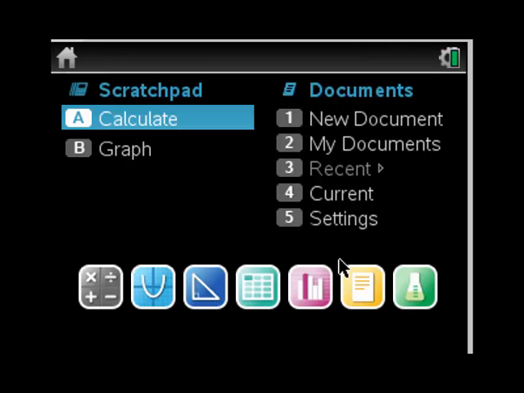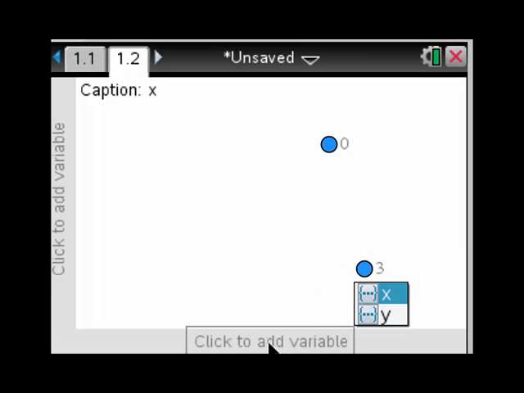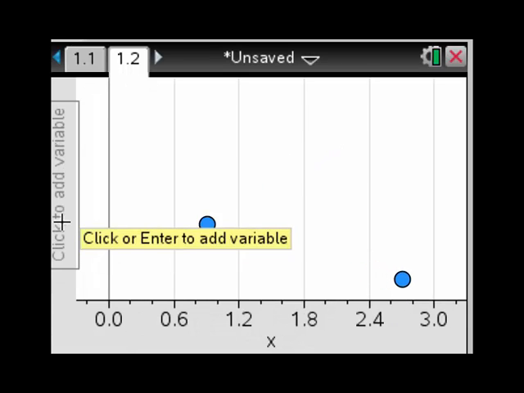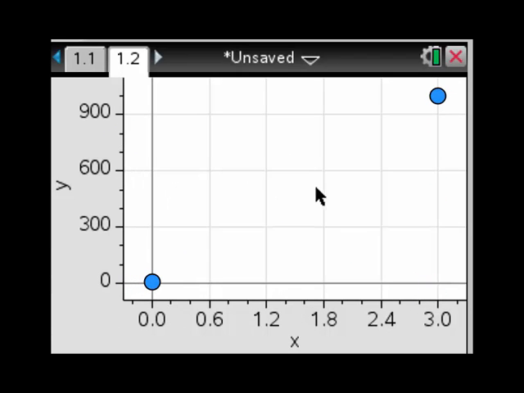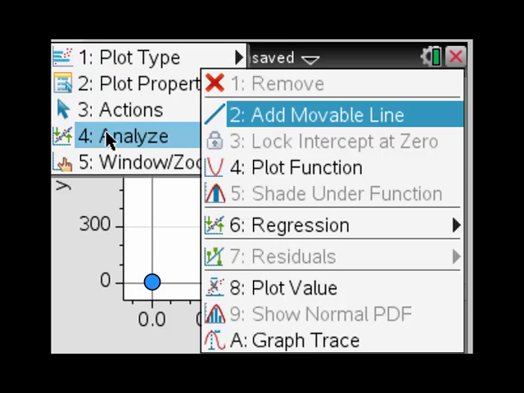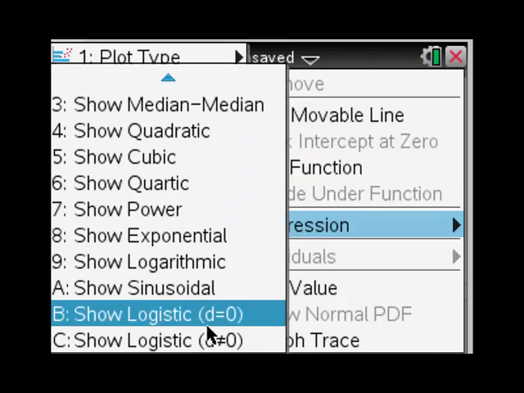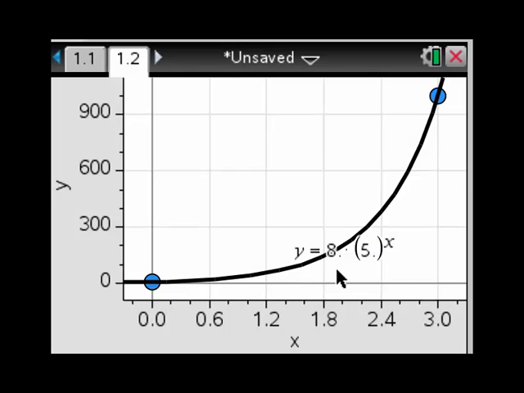So we could get our scatter plot, click x, click y. It really doesn't show if it's linear or exponential, but we know they told us to write an exponential. So menu, analyze, regression, exponential, and there's our equation. So we didn't have to necessarily solve this algebraically. We could have used our regression, okay?